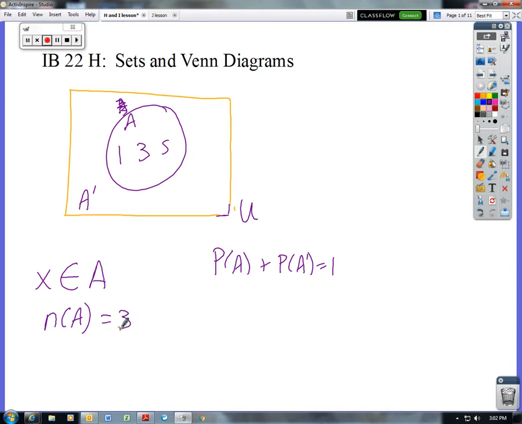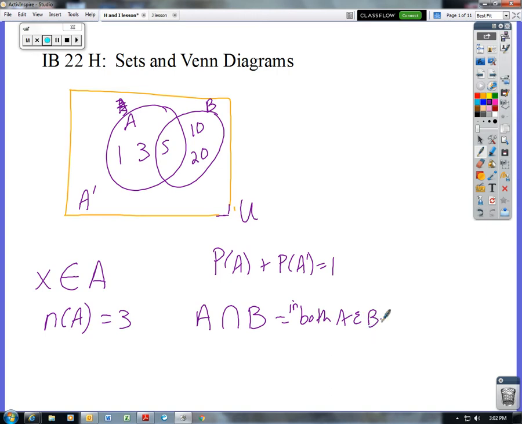And then if we had 2 sets, say we had set B, and it included odds, and let's say 10 and 20. So if we had A intersect B, that's the intersection of sets A and B. Those are the elements that are in both A and B. In this case, that would be 5.